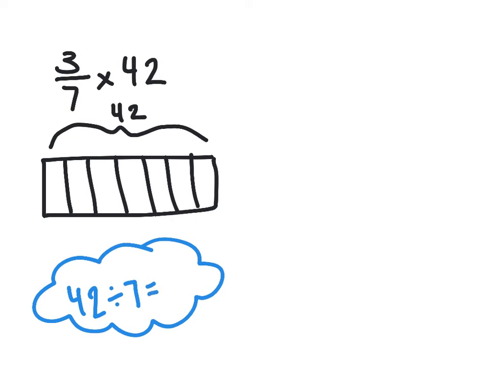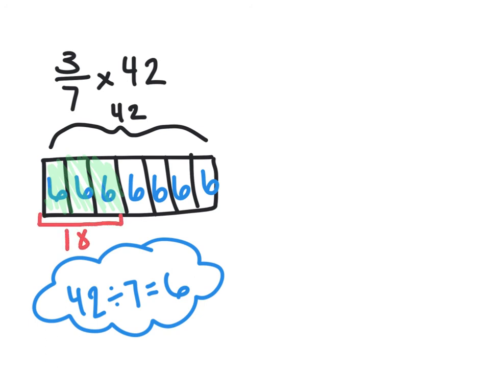How many 7s fit into 42? 6 of them. I don't know what's going on with these 6s. It's like magic 6s. So each of my little sections here would have 6. And I am trying to figure out 3/7. 3/7 here would be 3 of my sections. And 3 6s would give me 18. So 3/7 of 42 should be 18.